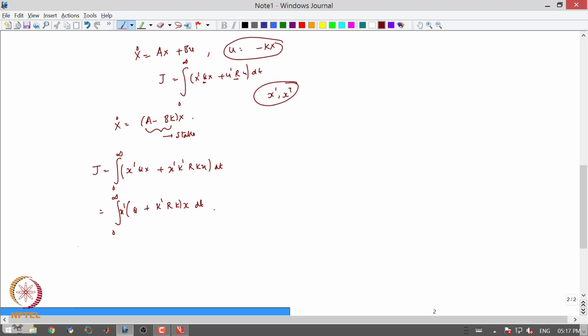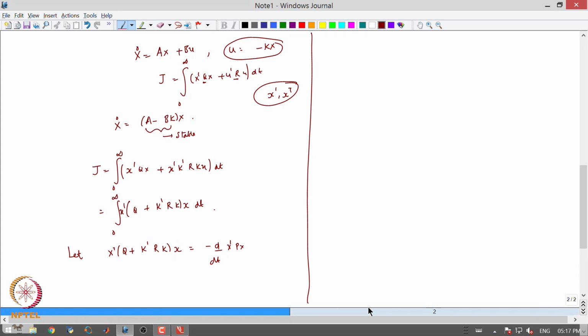Okay, now let's do some tricks here. Let us set x transpose (Q plus K transpose R K) x equal to minus d over dt of x transpose Px.